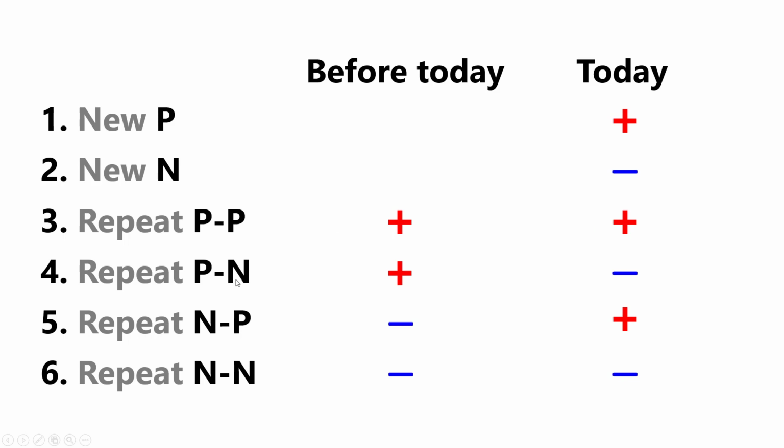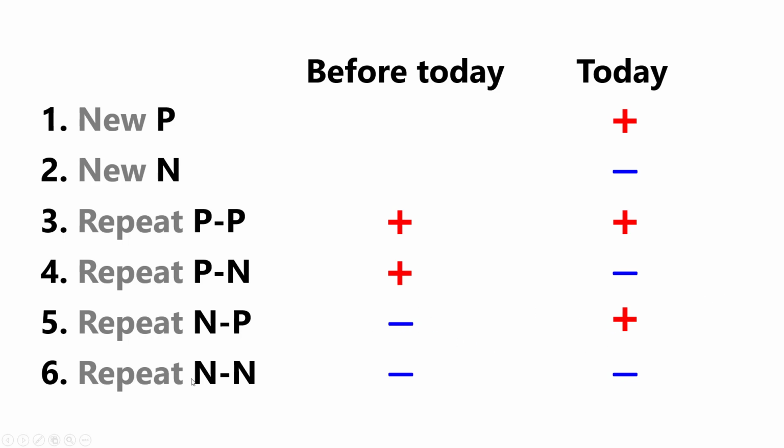The repeat positive to negative is somebody who in their history prior to today had tested positive, but today they test negative. The repeat negative to positive is somebody that in their history only has negative test results. It could have been 1 previous negative, it could have been 100 previous negatives, but they only have negatives in their history. Today they tested positive.